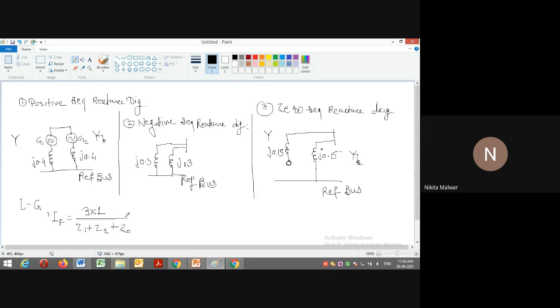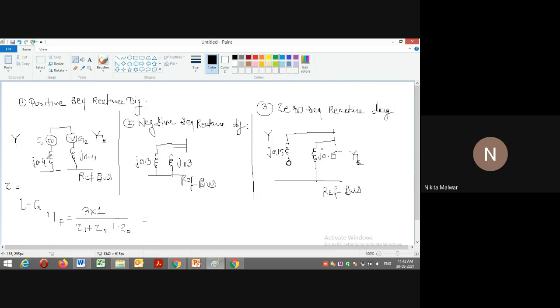So first we have to calculate all these reactances in each sequence diagram and put them into this formula. First we find Z1, the positive sequence reactance.